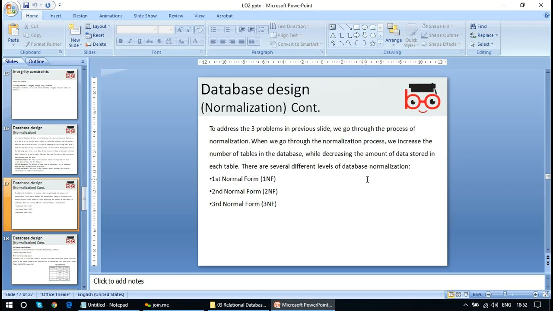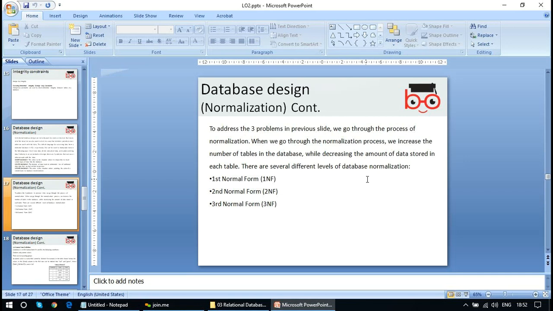We increase the number of tables in the database. Like I gave you an example, possibly you propose 5 tables, and after the normalization you are required to create 2 more tables in order to make it perfect, while decreasing the amount of data stored in each table.